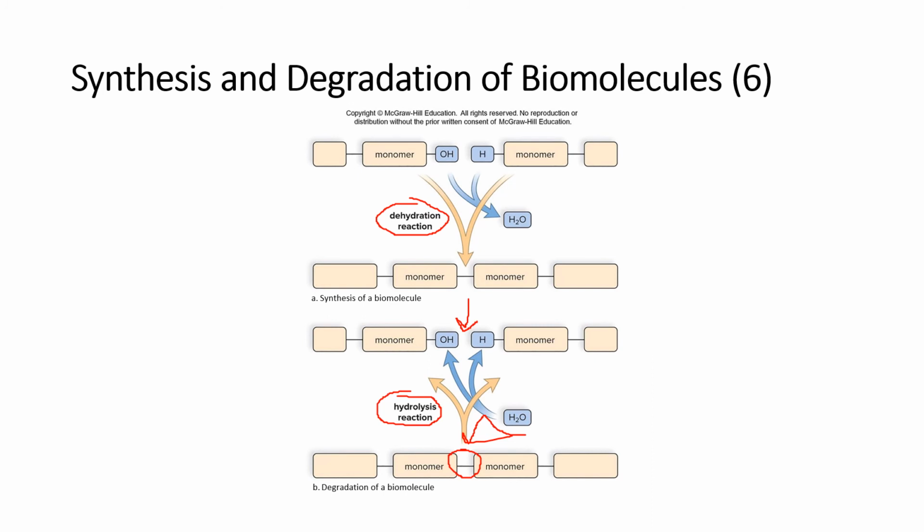We use dehydration to make polymers. This is a polymer. We're going to use the dehydration reaction to make polymers from our monomers. We're going to use hydrolysis to go the opposite way. We're going to break the polymer down into individual monomers.